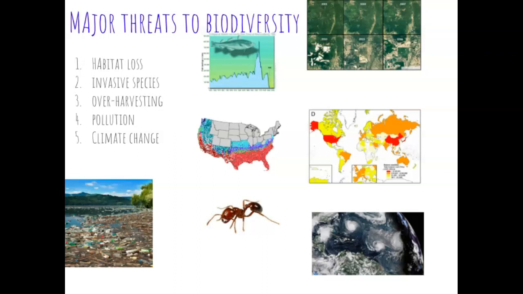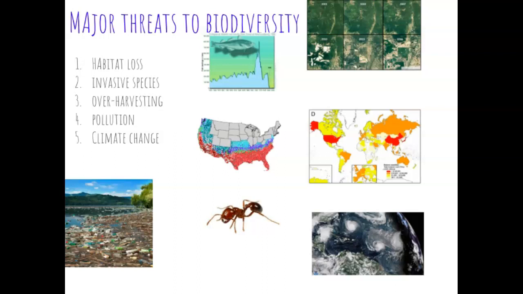When you lose that habitat, you're losing the species that live there as well. And so human activities and desertification and things like that are generally considered to be the most significant threat to biodiversity.